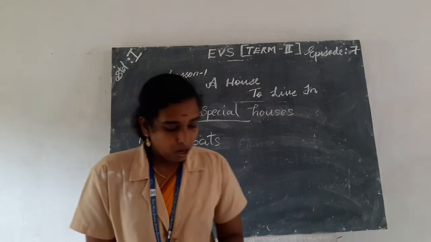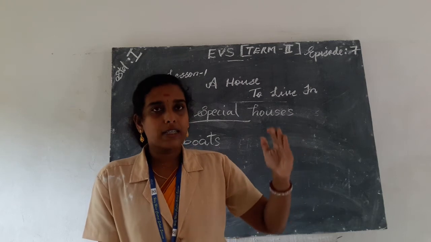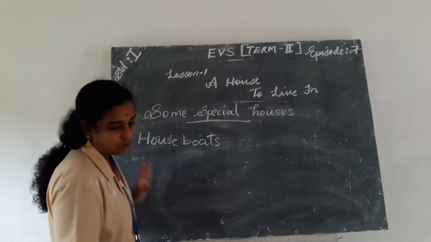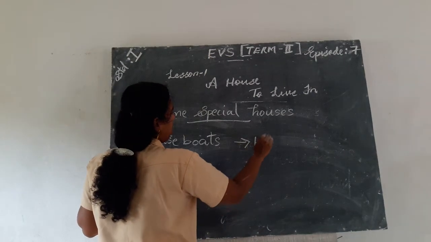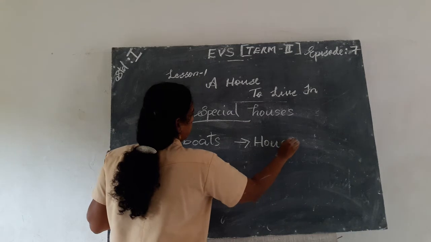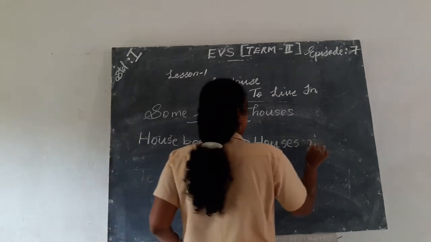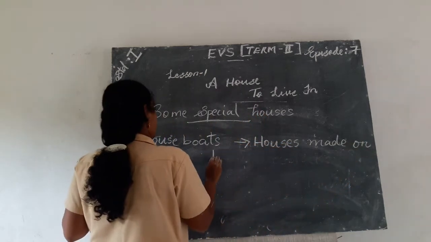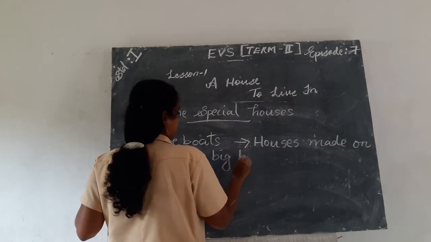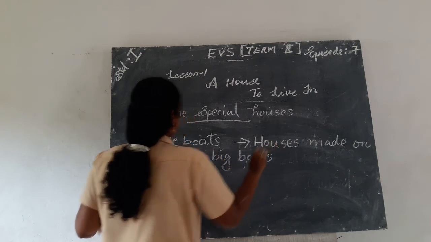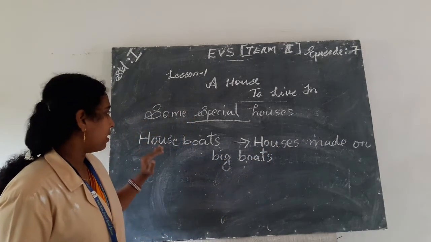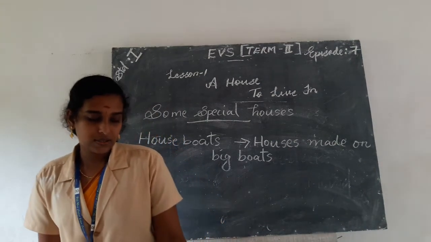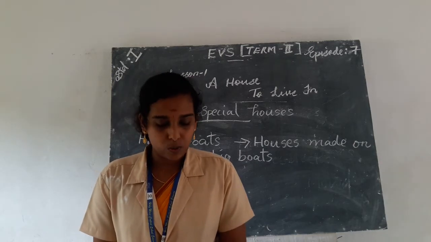Houseboats means the houses made on big boats are called houseboats, and they can float on the water. These types of houses are called houseboats.